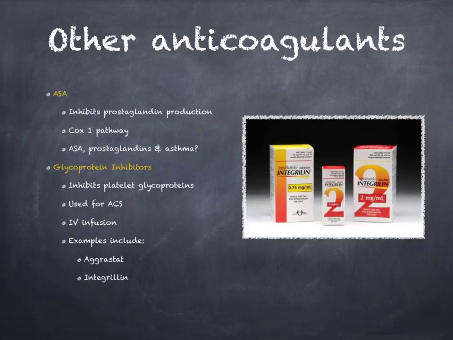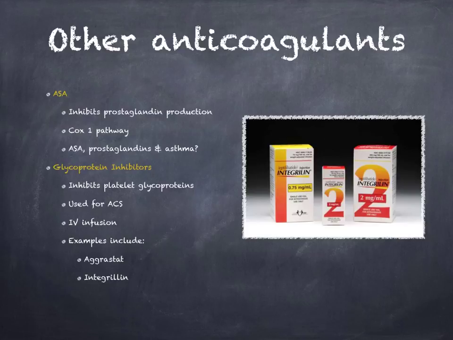Another medication that you'll run into, particularly in the ICU, are what we call the glycoprotein inhibitors. Glycoprotein inhibitors are interesting in that they inhibit glycoproteins on the surfaces of platelets. In essence, this prevents the platelets from sticking together, what we call platelet aggregation.